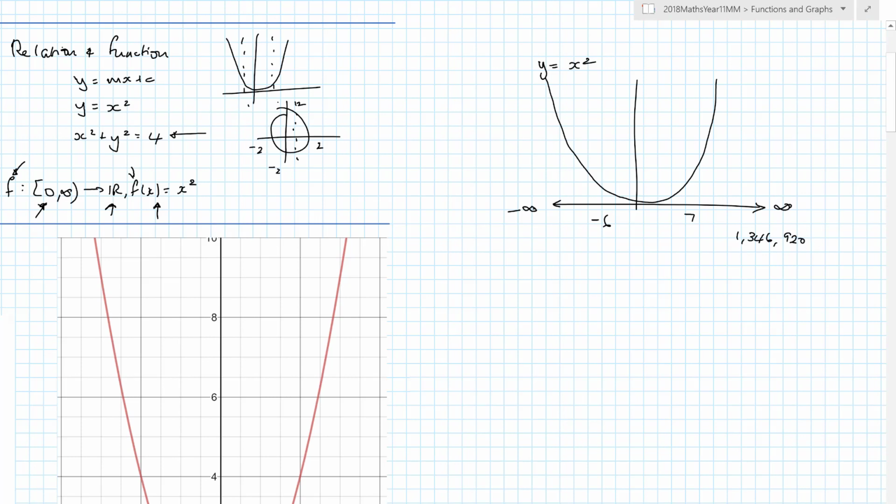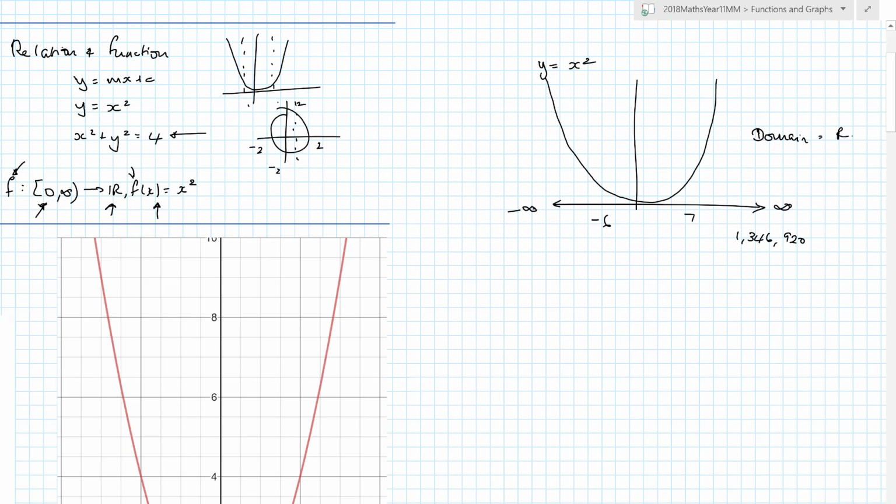Are any of those numbers not possible to be squared? Well, actually, there is no number between minus infinity and infinity that can't be squared. No reason in this world why it can't be squared. And so, in this situation, we would be saying our domain is equal to all real numbers.